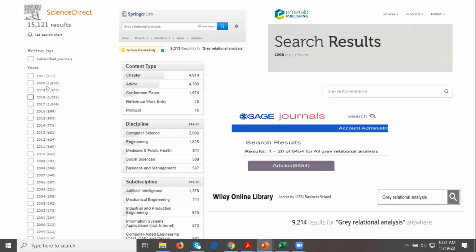Even in 2020 this many journals are published, and the next year also some journals are publishing, with volumes in 2021 also. You can see the growth of publications using gradation analysis is increasing day by day.